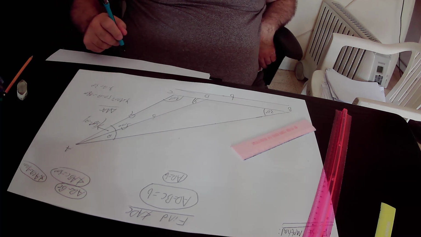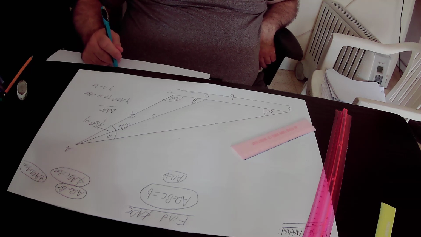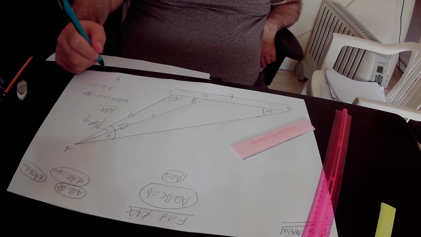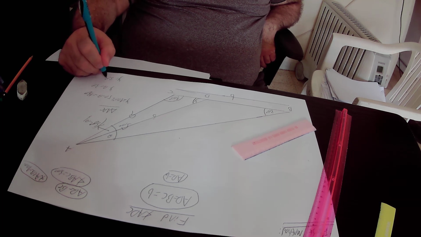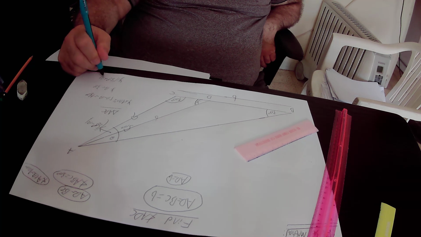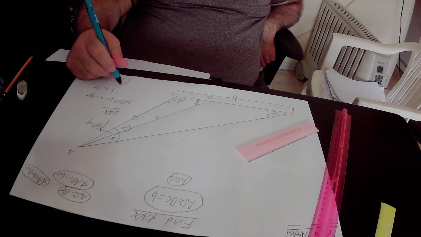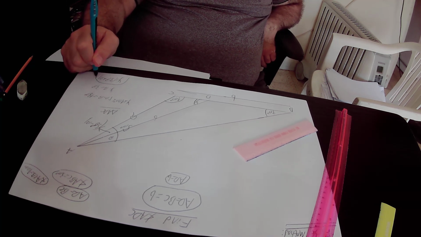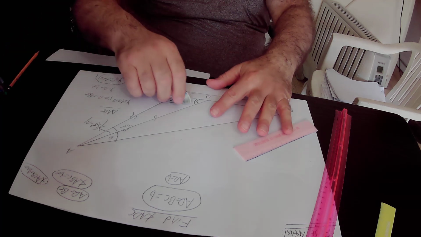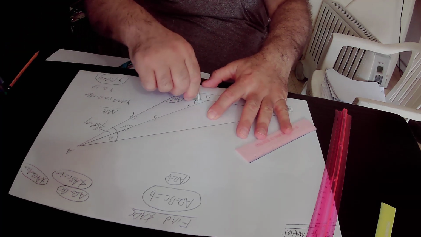Here we will add angle theta to this equation, and we will get that angle y equals 30 degrees plus theta. So the angle that we are looking for, angle ADC, equals angle y, which equals 30 degrees plus theta. So I will substitute angle y by 30 degrees plus theta.